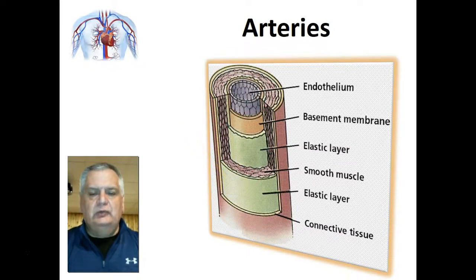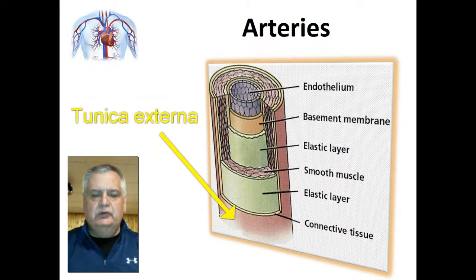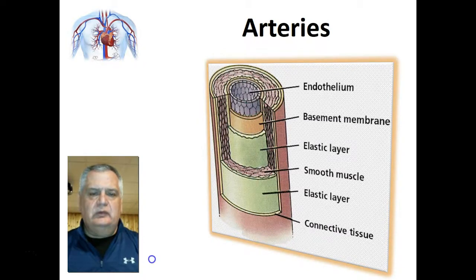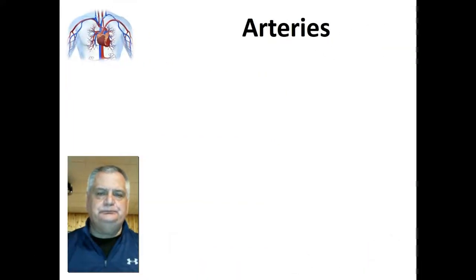So the smooth muscle tissue helps to give support to the wall and is much thicker there. Okay, and then finally, there's the connective tissue that makes up the outer wall of the artery, which is the tunica externa or the tunica adventitia, as we mentioned. So you can see all those components in this diagram.